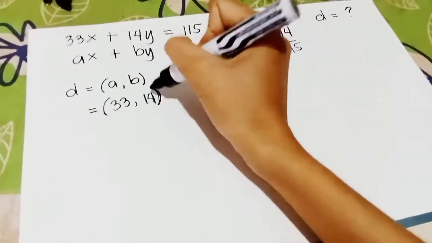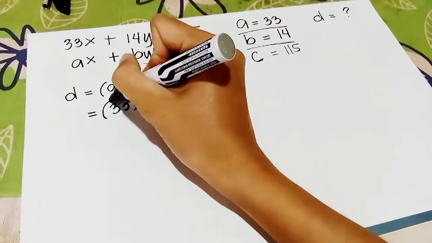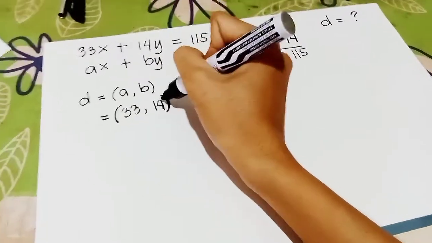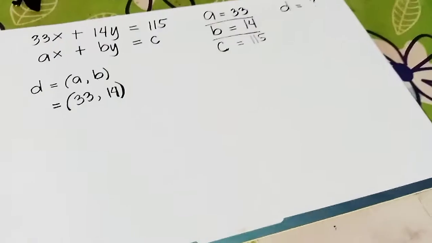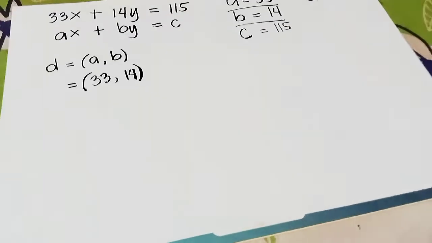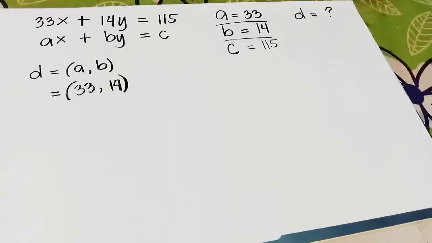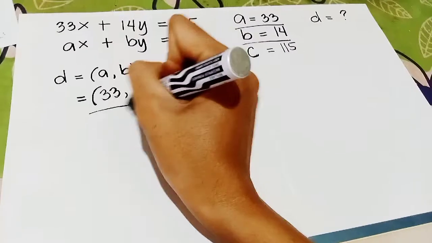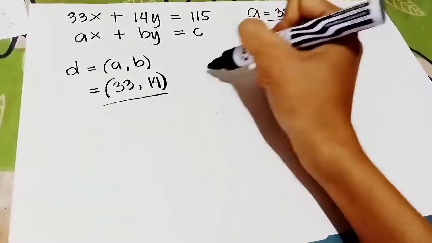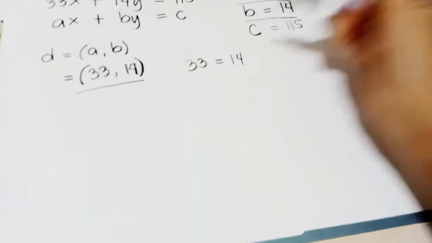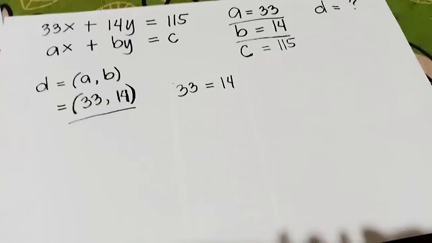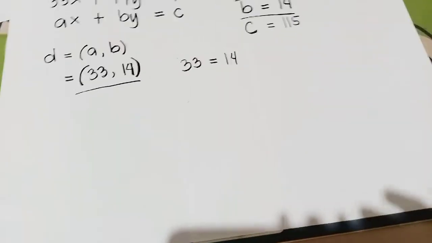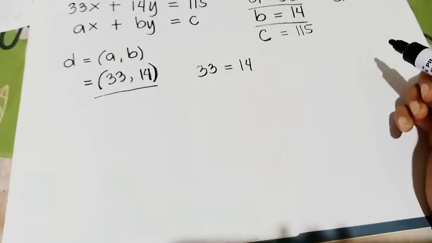So we have 33 and 14. Using the Euclidean algorithm to find the GCD of these two numbers.